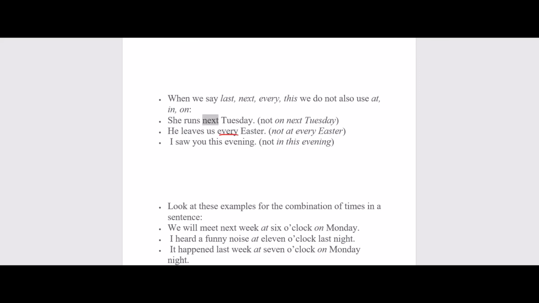See here, every. So not at every Easter. Usually, without this word, it would be at Easter. But because there's every here, you don't use at. I saw you this evening, not in this evening, but this evening. So if you're using one of these words that tells you if it is present or past or future, then you do not use at, on, or in.